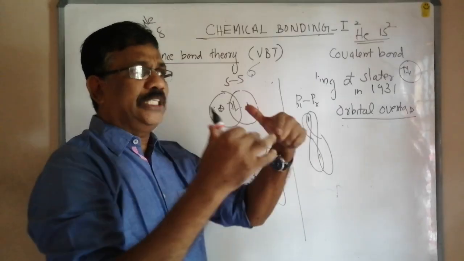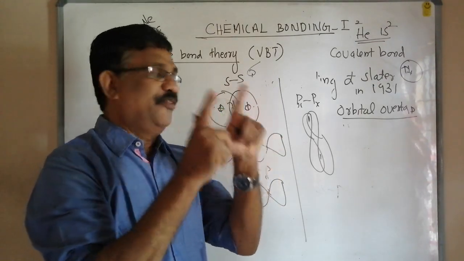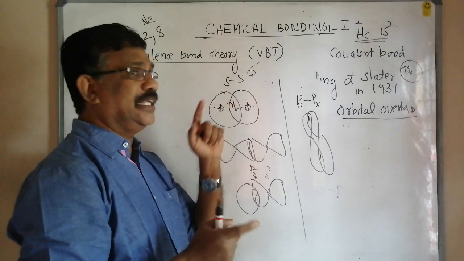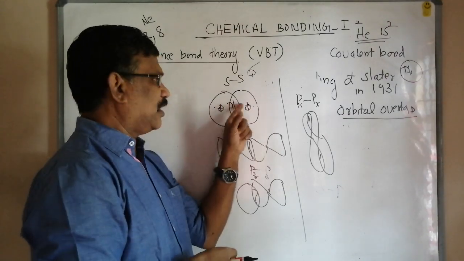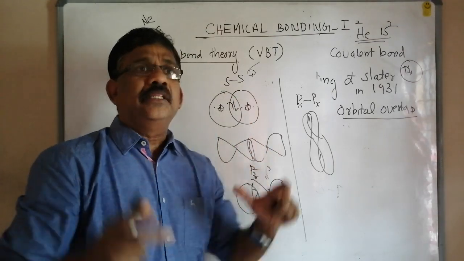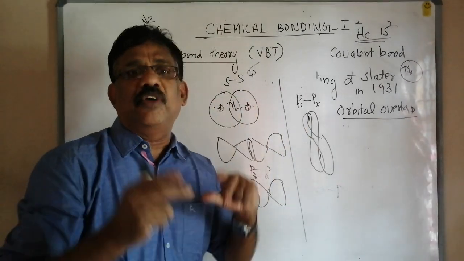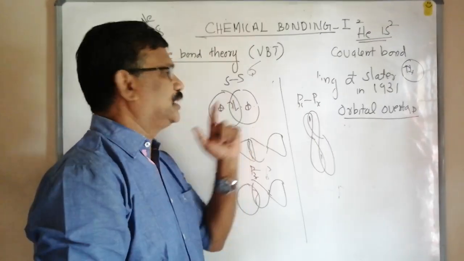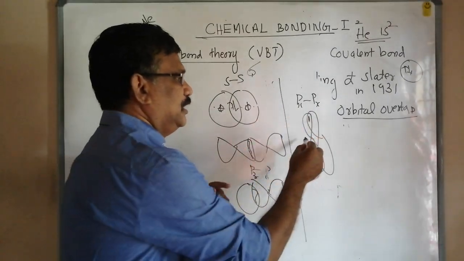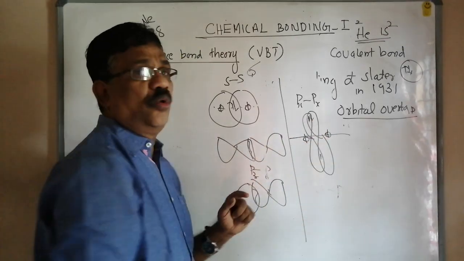So orbital overlap may be head-to-head or sidewise. If it is head-to-head, overlapping is maximum, and the pair of electrons is in the nuclear axis. So much intimacy between this pair of electrons and atomic nuclei, and the covalent bond formed is very strong. Such a strong bond is called a sigma bond. Here, these are the atomic nuclei, and this pair of electrons is not in the nuclear axis.